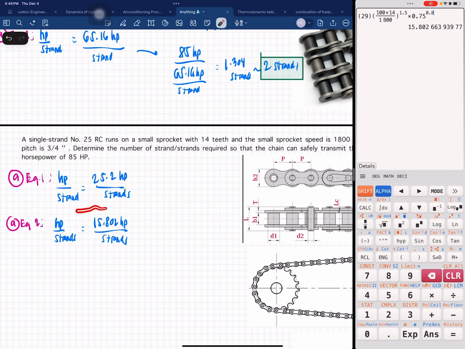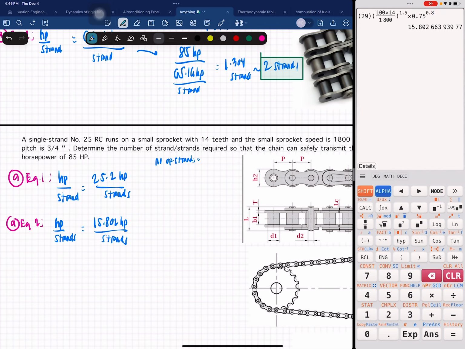We want to use the lower rated power so that we could get more strands. So the number of strands again is design over rated HP per strand.